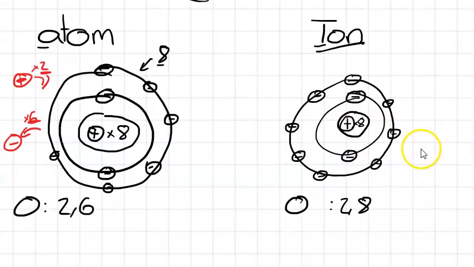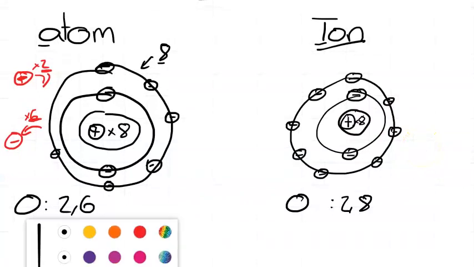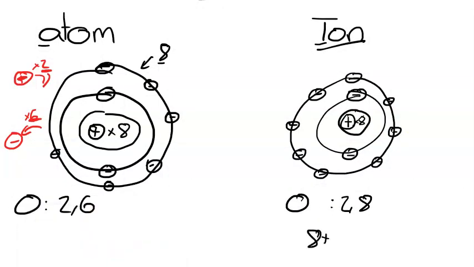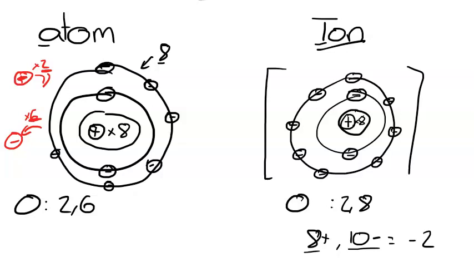We have 8 positive charges, but we have 10 negative charges. So 8 minus 10 equals negative 2. Overall, this whole ion is going to have a 2 minus charge.